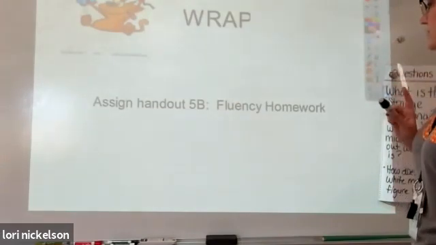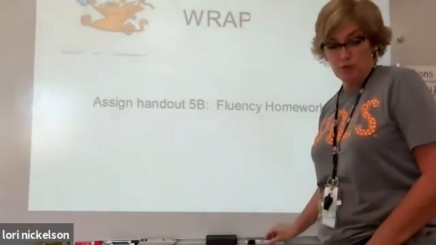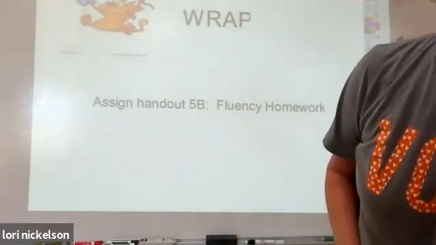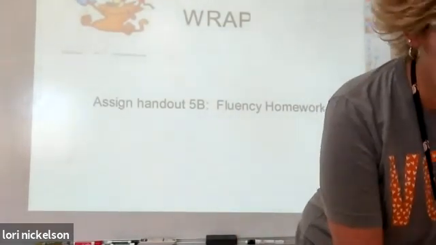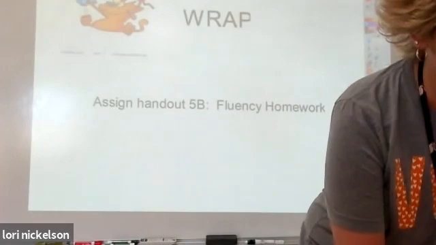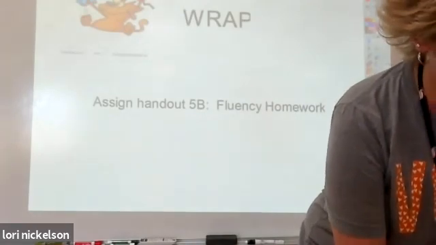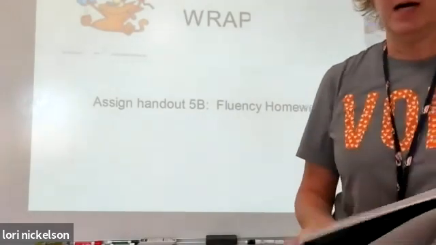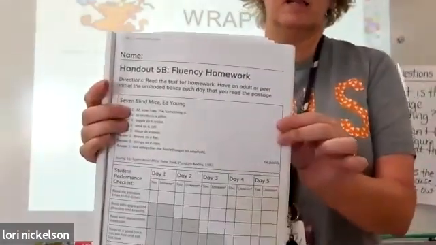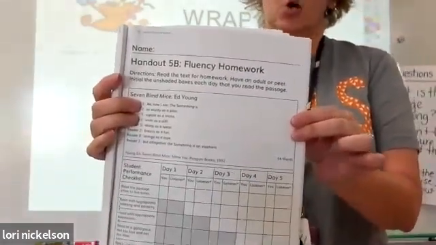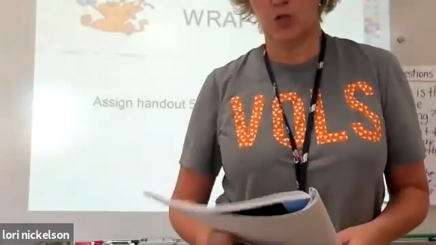So you've got a fluency homework sheet, a new one. It's going home, or it should be in your packet. It's 7 Blind Mice by Ed Young. Should look like this. You can practice reading at home. I'm going to read it to you.